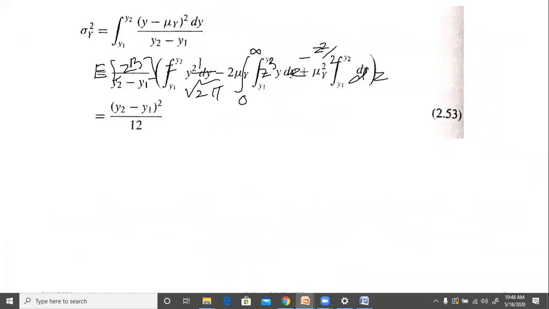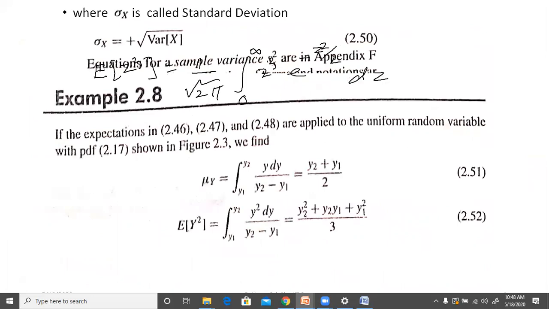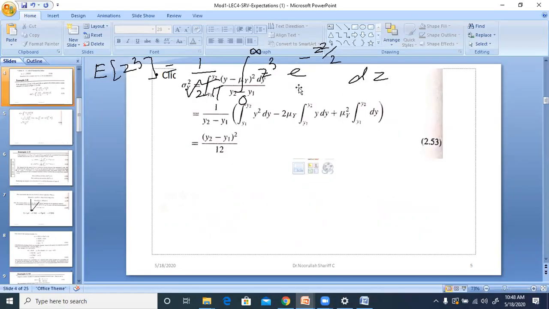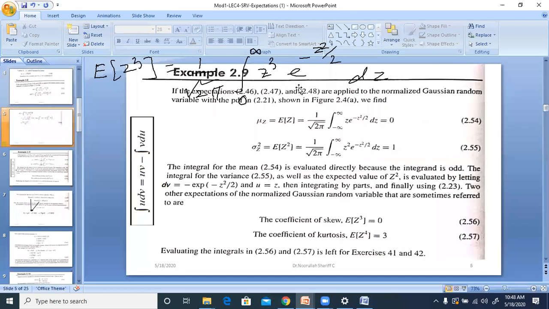Yes. Okay. So this is the equation for Gaussian: 1 by root 2 pi, limits are minus infinity to plus infinity, z cube e to the power of minus z squared by 2 dz. So this is all right. Only I should write here minus infinity to infinity.